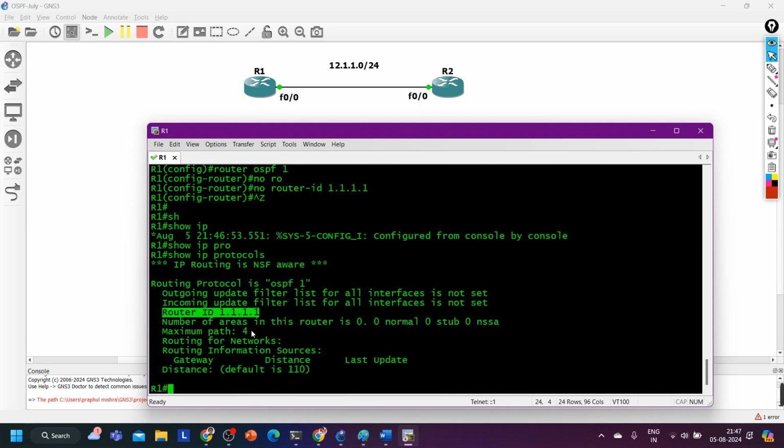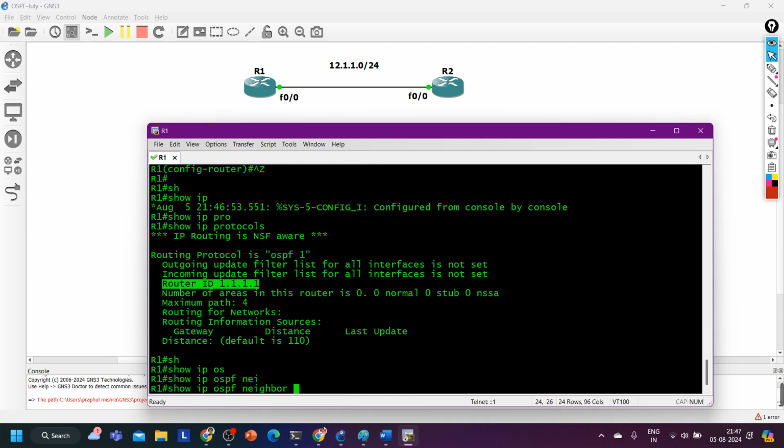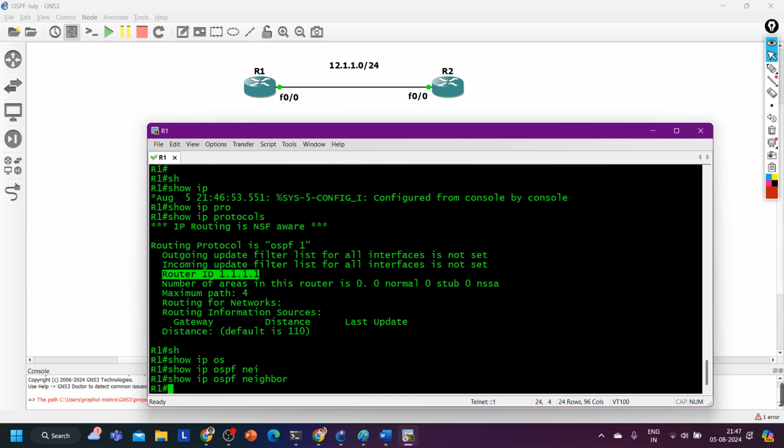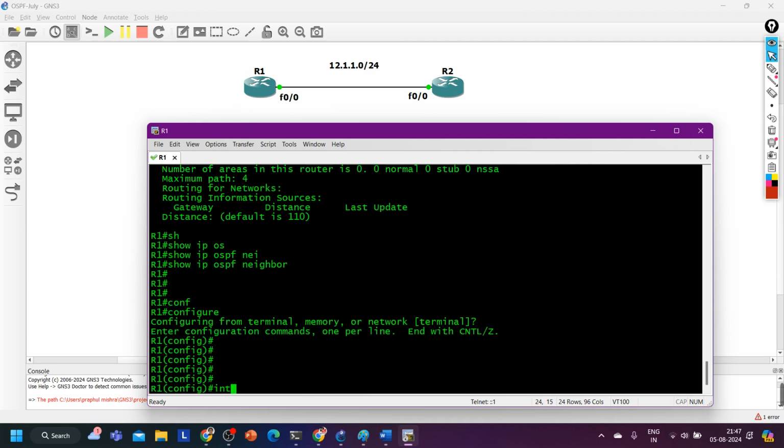So once a router elects one IP address as router ID, you cannot change it, and you cannot remove it, right? Now I am able to change the router ID. Reason: router 1 doesn't have any neighbor. Show ip ospf neighbor, no neighbor, right?